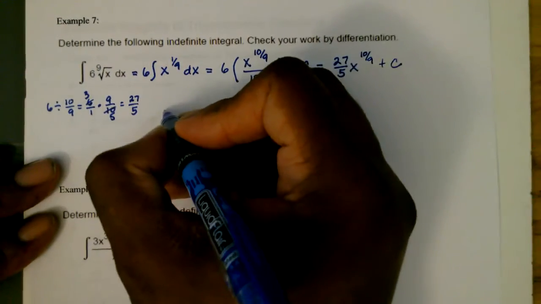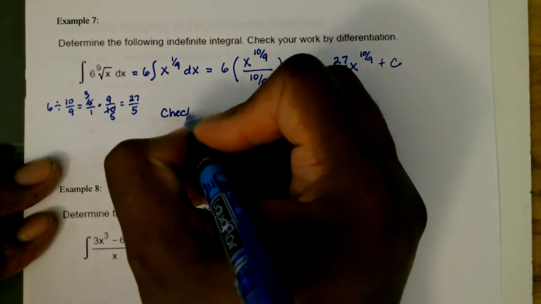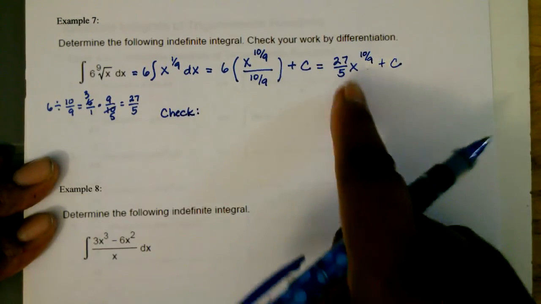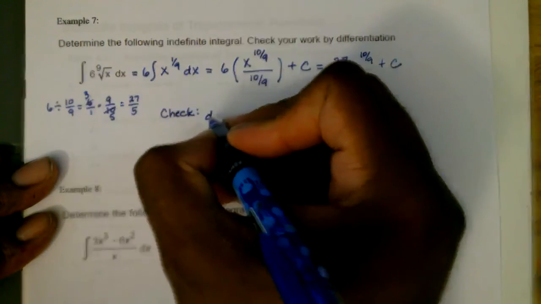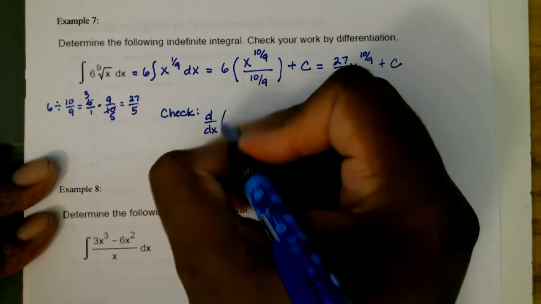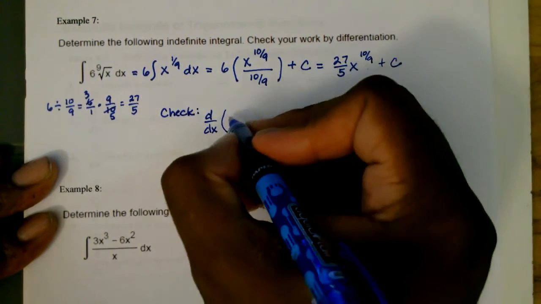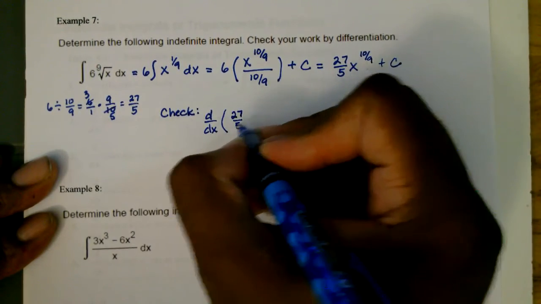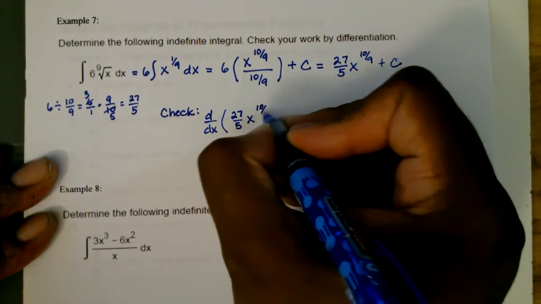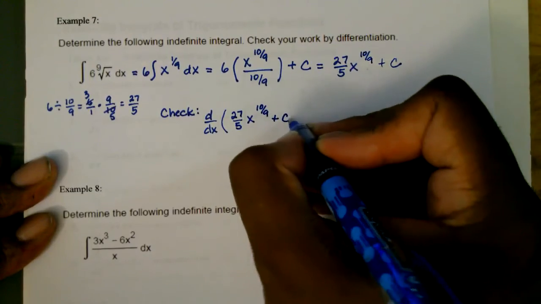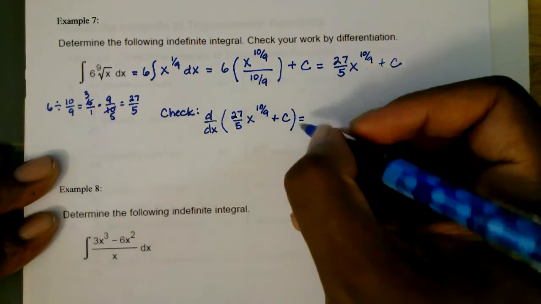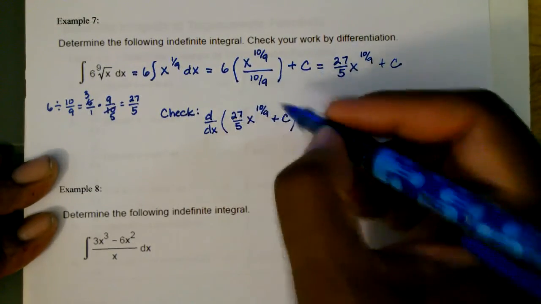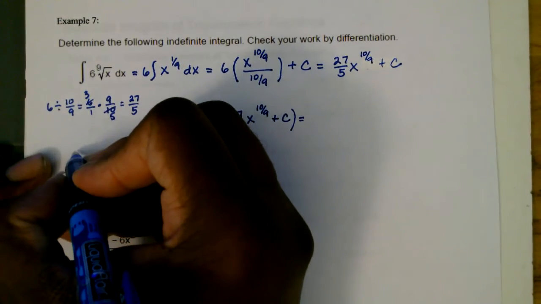And now to do the check, take that derivative. The derivative with respect to x of 27/5 x to the 10/9 plus c. Well, if I bring the power down, that would mean 10/9 times 27/5.